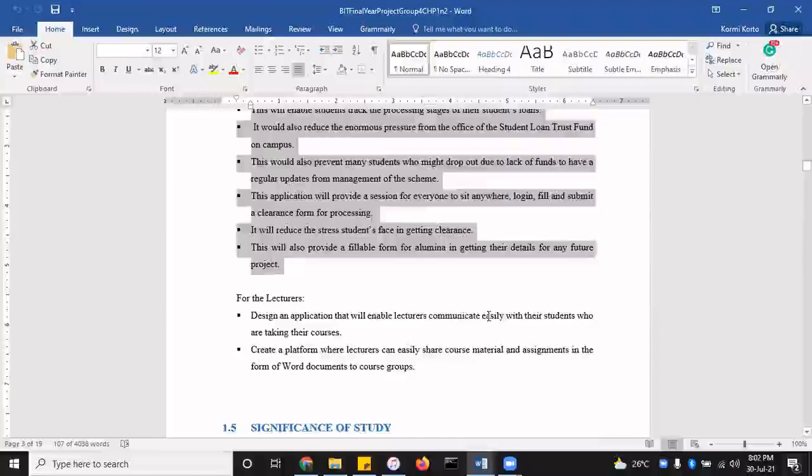You're going to build an application that has maybe an elaborate front end to help with lecturers' communication with students on various courses and other issues. That should form the objective. Create a platform where lecturers can communicate. There you go, that's an objective.